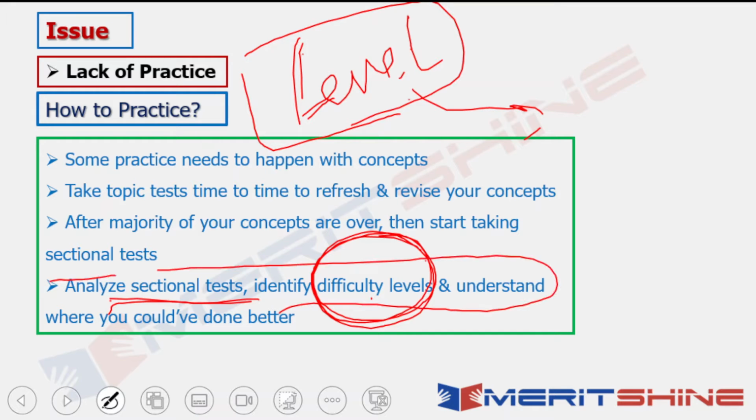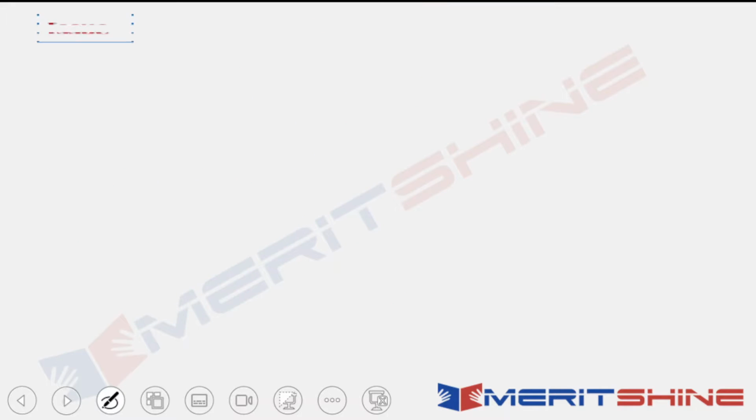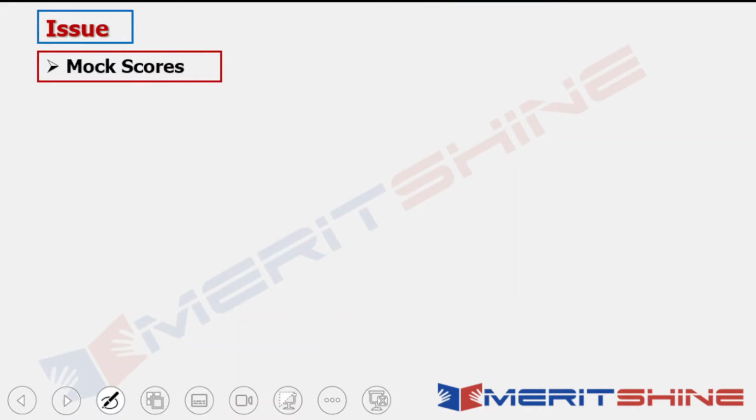That identification needs to happen because that's going to help us a lot in our next task, which is test taking. Because that is the third and one of the most important areas where students falter: mock scores.